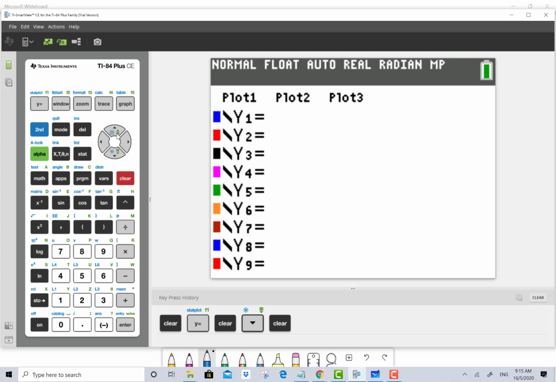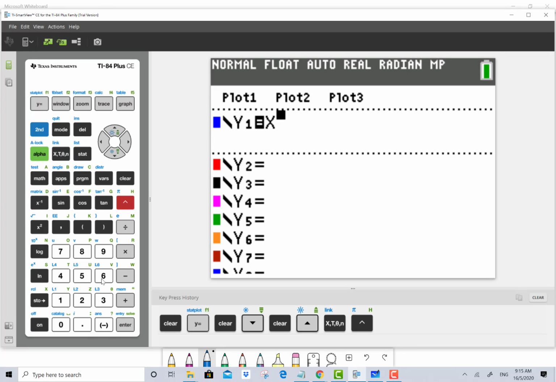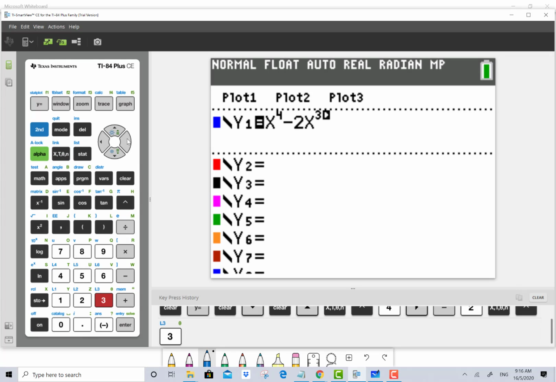So Y equals, first equation right here, we're going to enter in x to the fourth minus 12x to the third.